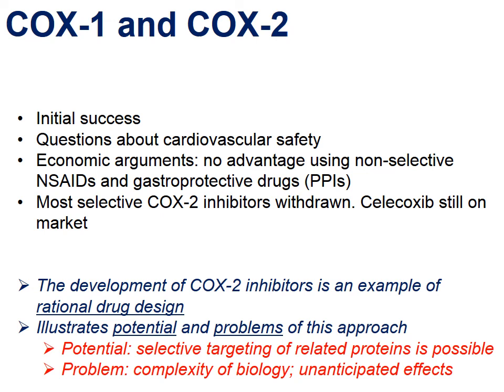So the potential in terms of the selective targeting of highly related proteins such as COX-1 and COX-2, but also it highlights the problems with this approach, and that is the complexity of the underlying biology leading to unanticipated effects which are illustrated again by this story.